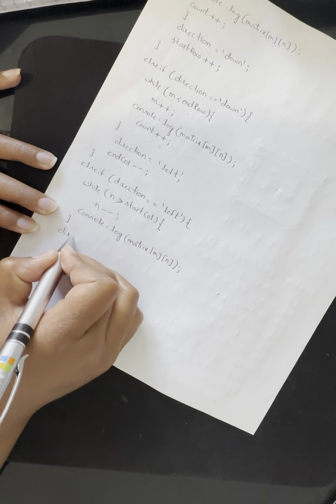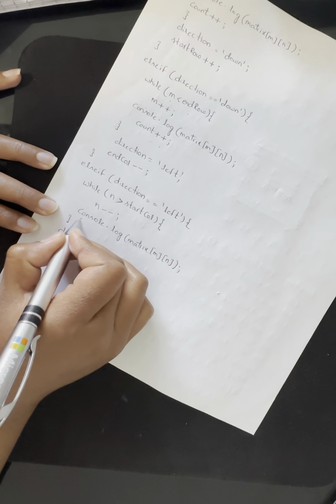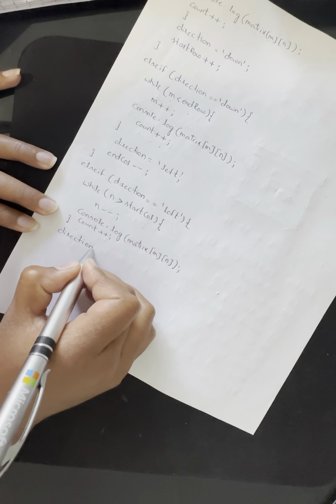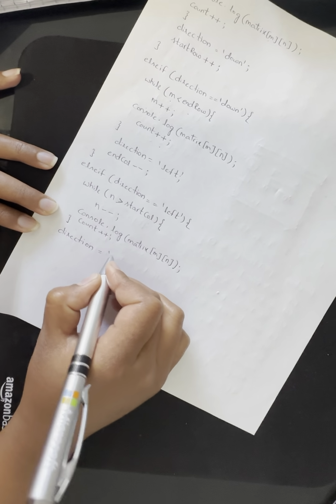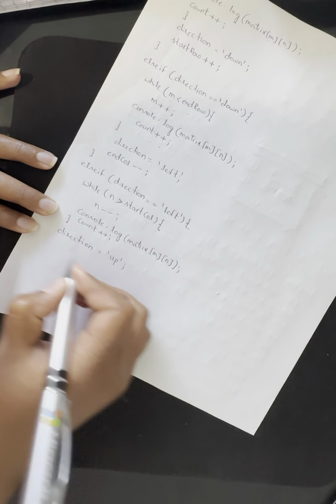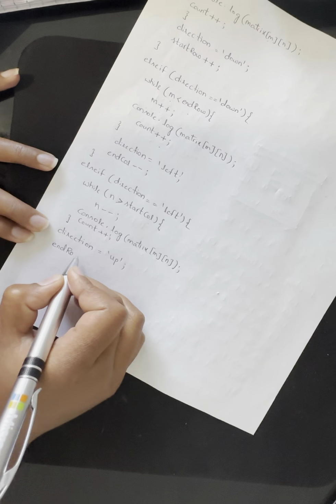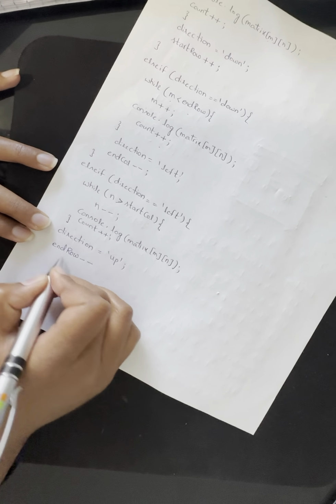Then I'll change the direction. We also need to increment the count here, and I'll change the direction to up. And since we finished the last row, we need to decrement the end row.